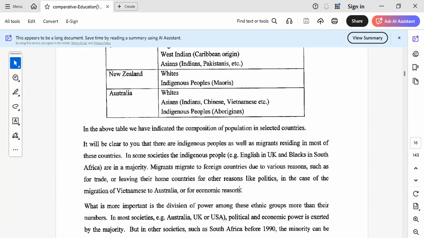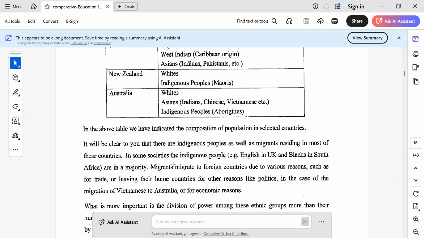But now every language is slowly disappearing, right? So this is related to that. We saw the language issues, but here it is the ethnic population.